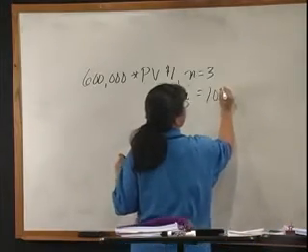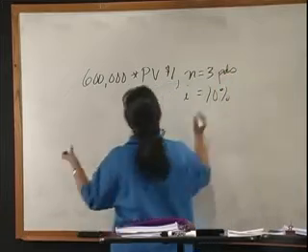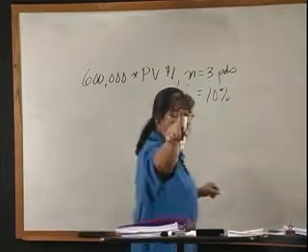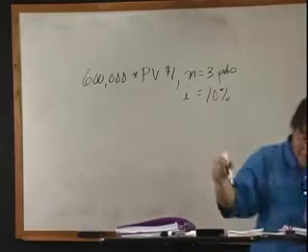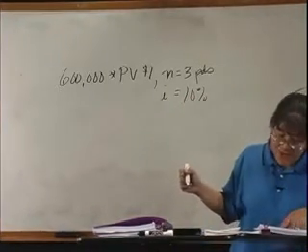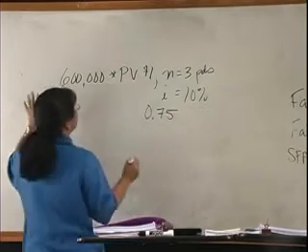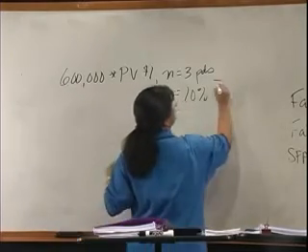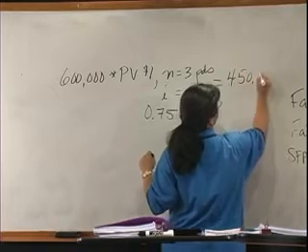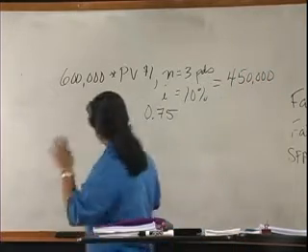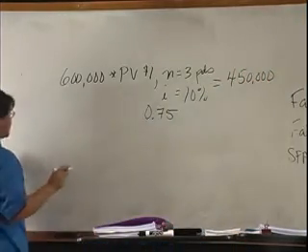Okay. So when I take that at the present value of $1, because it's only going to be paid 1 time at the very end, it's 0.75. That means that 600,000 times 0.75. Well, I can do that math in my head. That's 450,000.